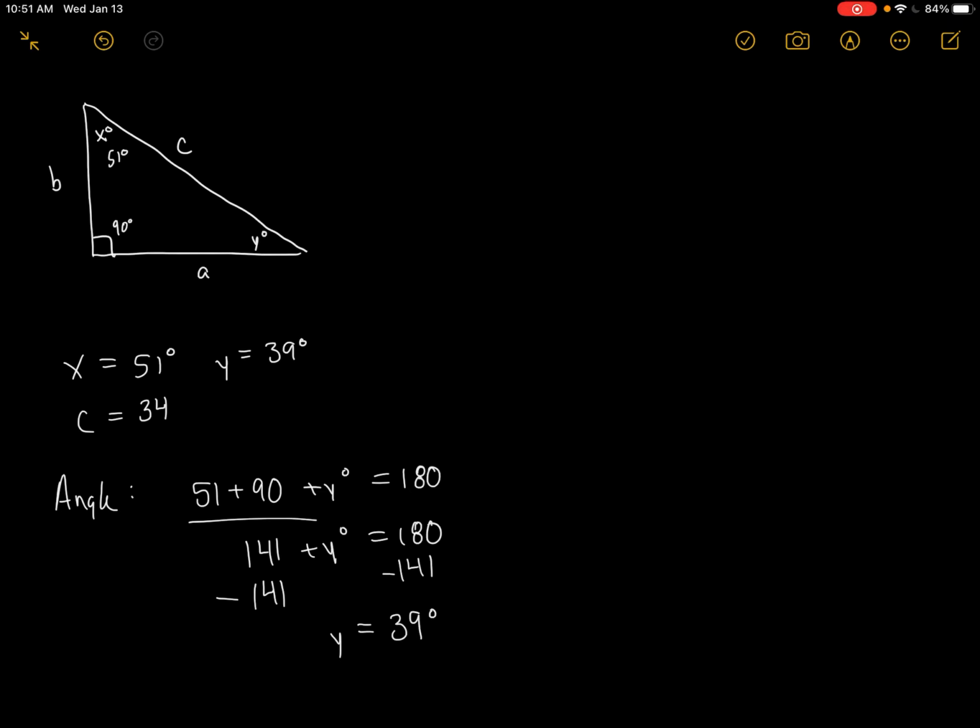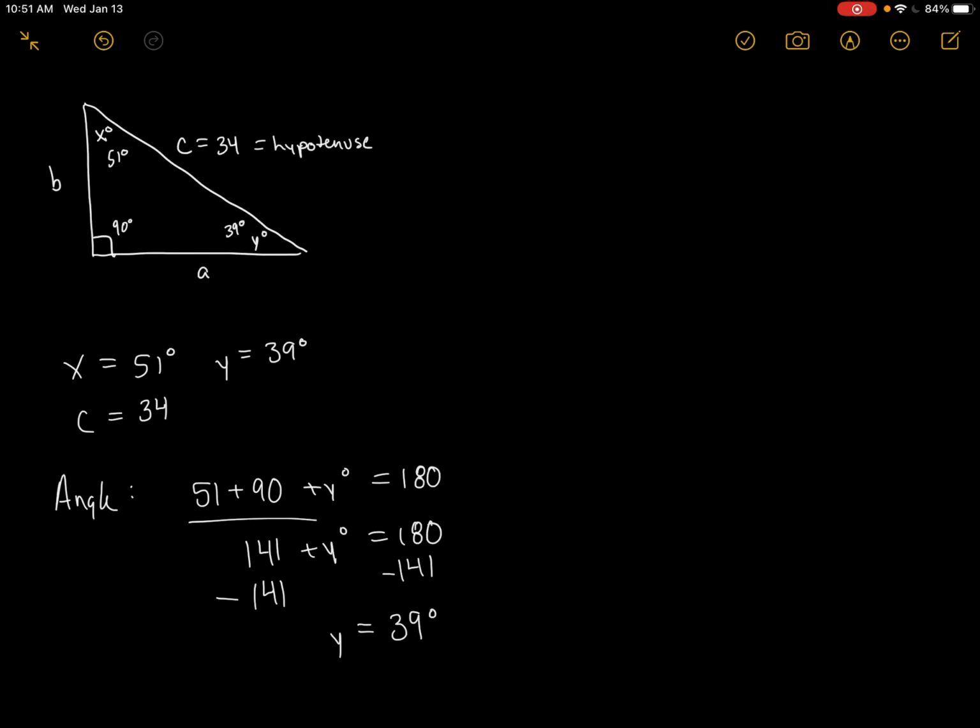But now we're going to have to use some trigonometry, some of those trig functions, sine, cosine, tangent, to solve for A, B, and C. So a second thing that they're giving us here is that C equals 34. Now remember, C is our hypotenuse, or our longest side. So we're going to use this with our trig functions combined with our angle measures, and all of that together is going to allow us to solve for A and B here.